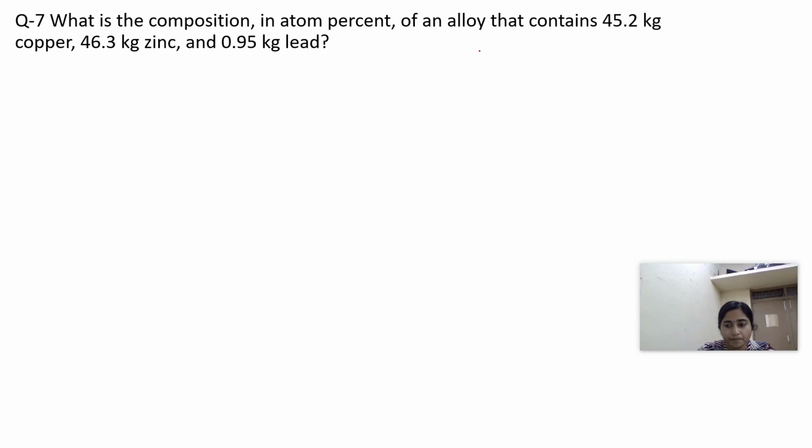The composition formula for copper will be 100 times N_Cu divided by N_Cu plus N_Zn plus N_Pb. This is the basic formula you have to use, but N is the number of moles, so you have to find the number of moles in each case.